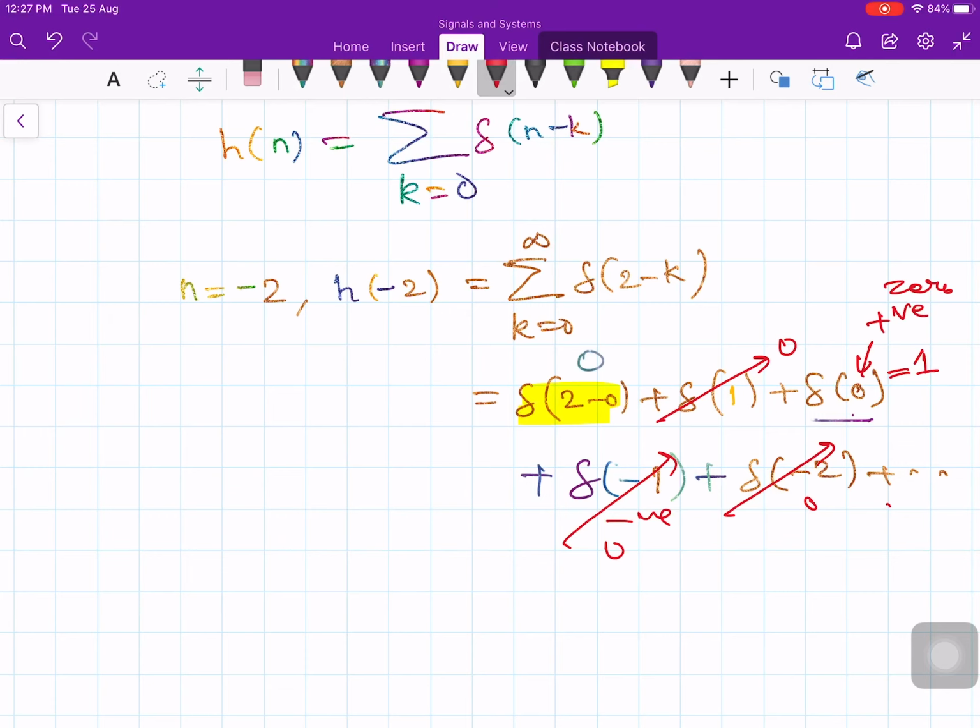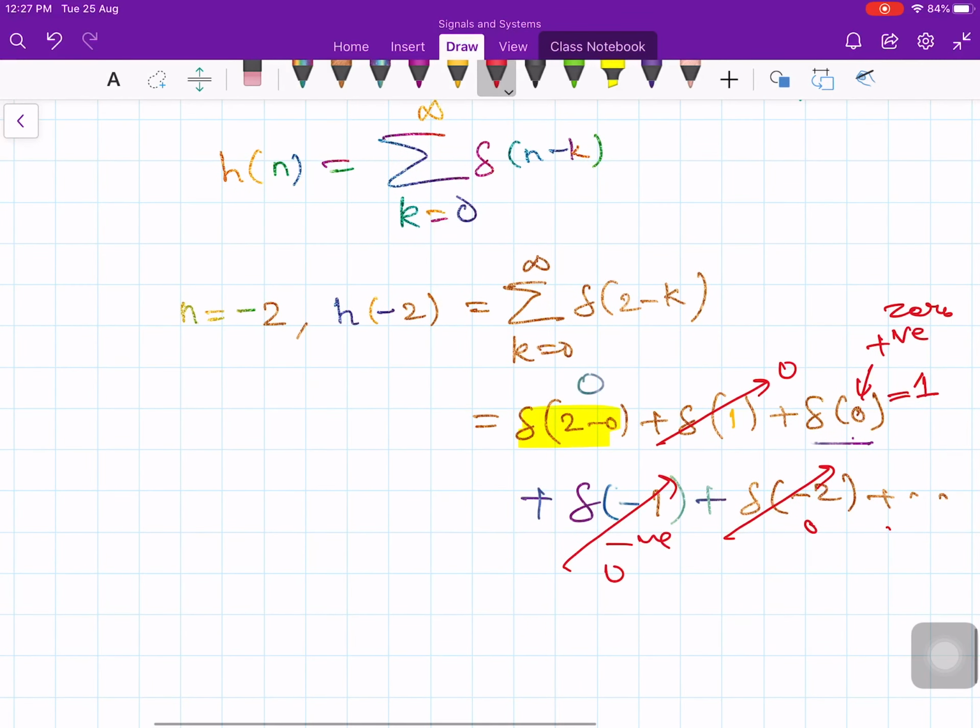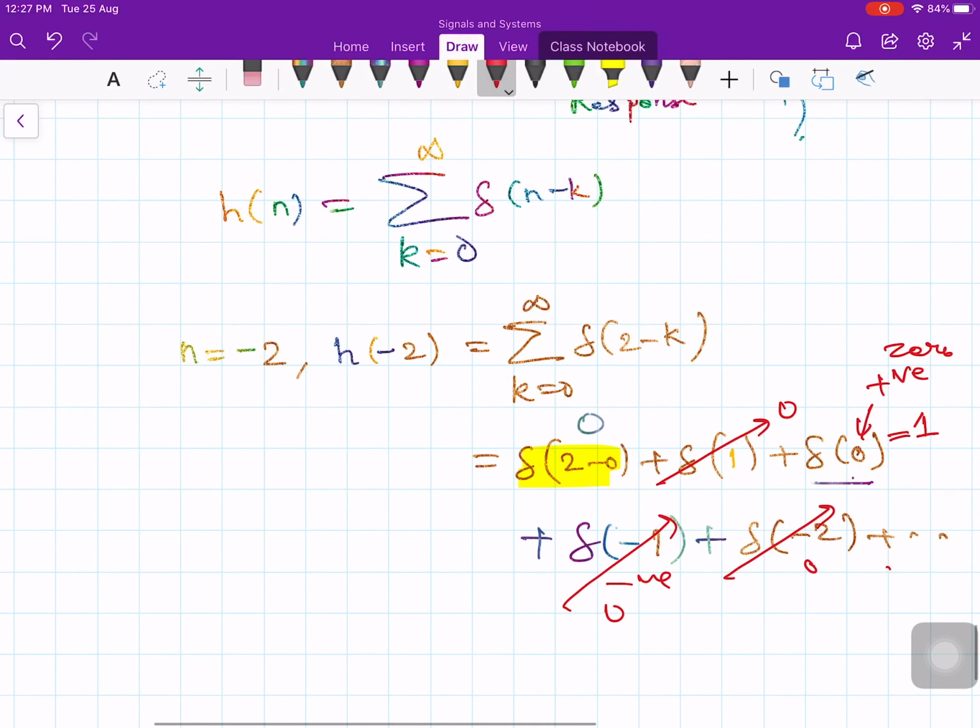Now again it is contradicting somewhere. Is that correct? Okay, this is the formula del of n minus k. It starts from k equals 0.